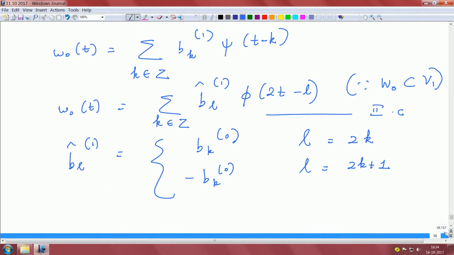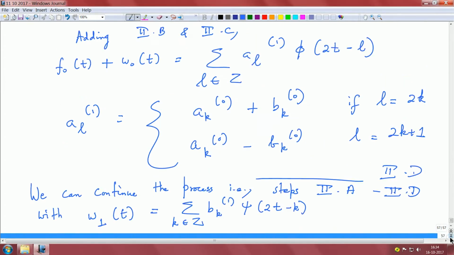I think this has to be a 0 here because scale 0 here instead of a 1 psi t minus k, and then this is basically b k 1 psi because it is scale 1, okay, consistent with this. So, now we do this process 2a through 2d recursively, W1, W2, and so on, right.